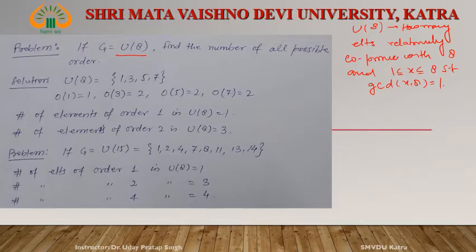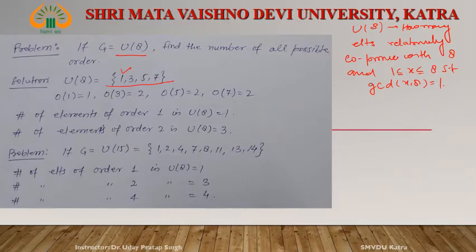How many elements are in U8? GCD of 1 and 8 is 1, 3 and 8, 5 and 8, and 7 and 8. All GCDs are 1. Therefore, U8 contains 4 elements, 1, 3, 5 and 7, in which 1 is the identity.